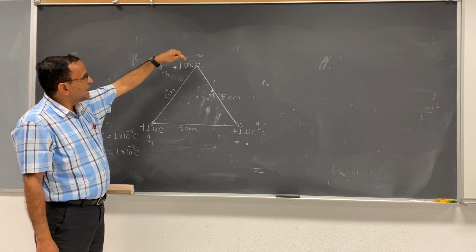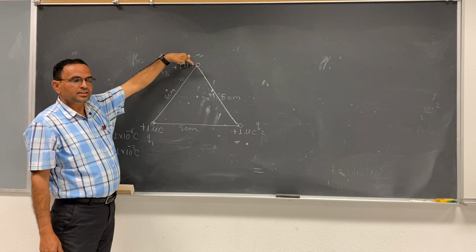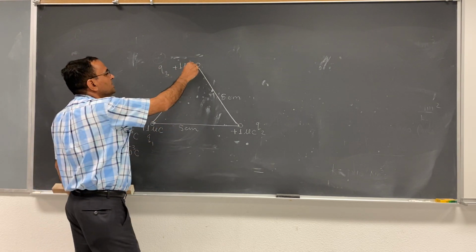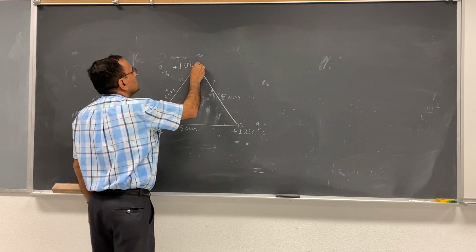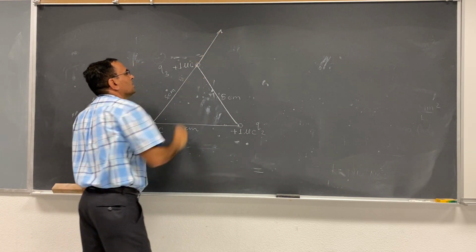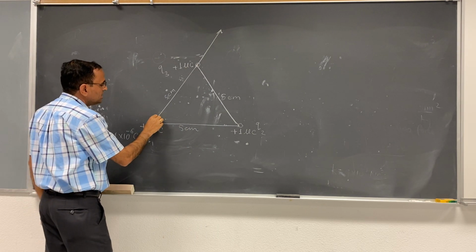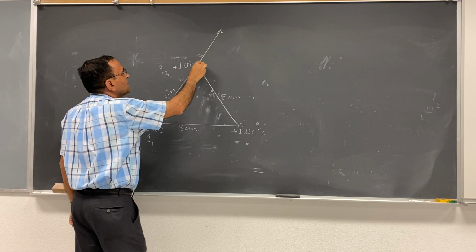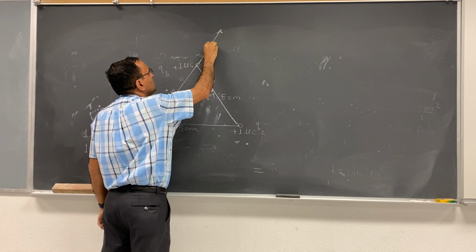The force experienced by this charge is because this charge repels this charge. So the force right here due to Q1 is this force. It is this way. You join the line. This is the line joining these two charges, and this is the same charge, positive and positive. So what happens? Repel. So it goes this way.